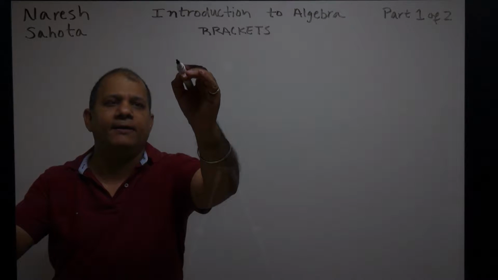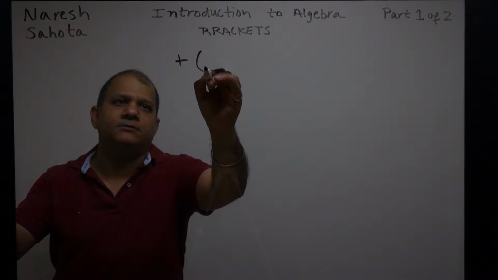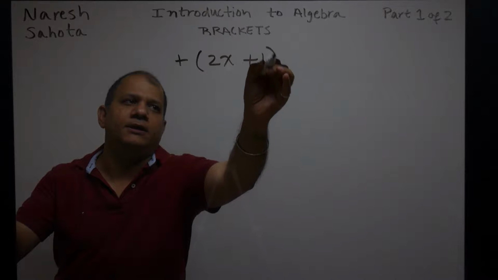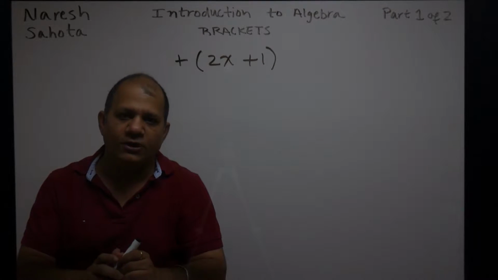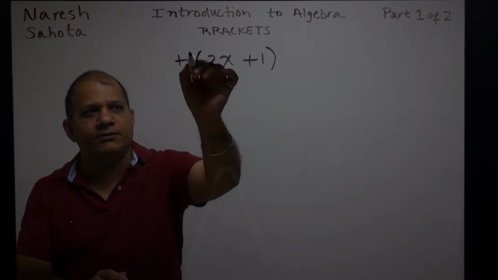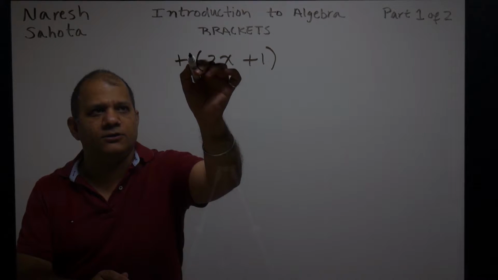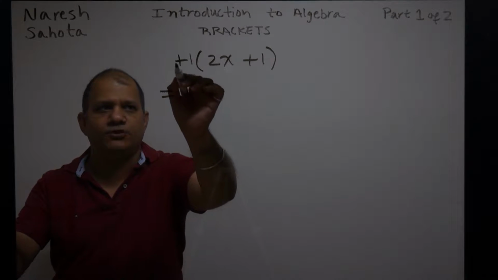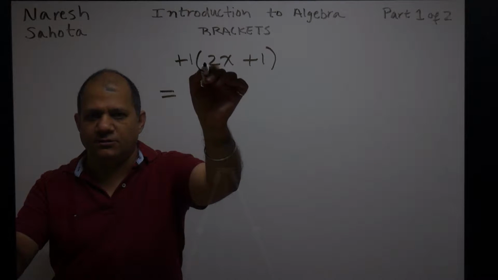Now if I have plus on the outside and if I have 2x plus 1 inside the bracket, how do I remove brackets? Now there is an imaginary 1 here, so positive 1. So what I can do is multiply. So positive 2x is also positive.